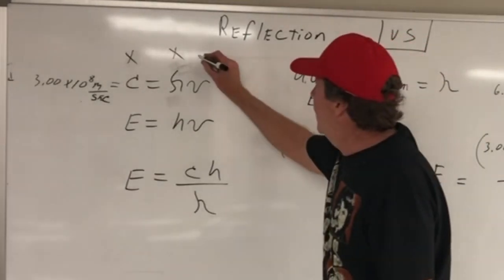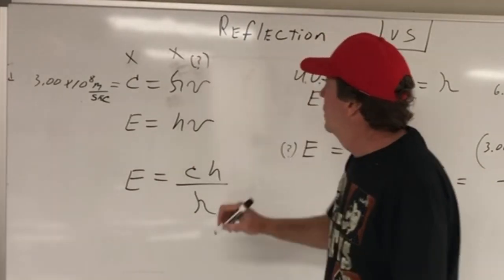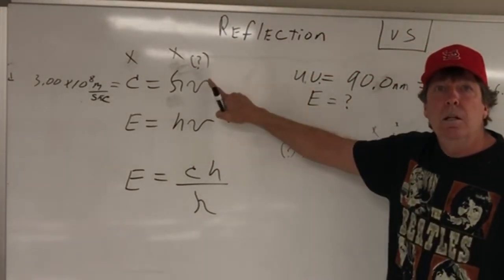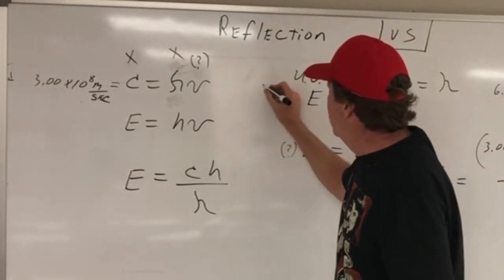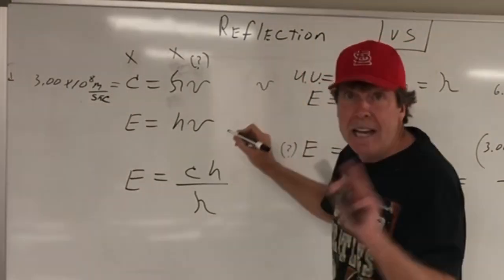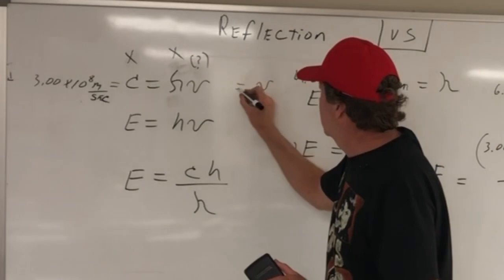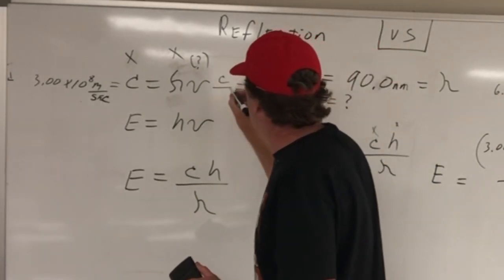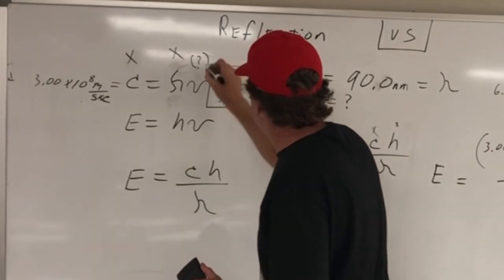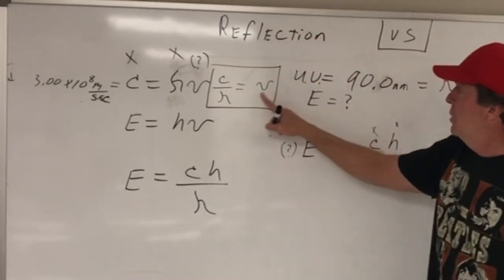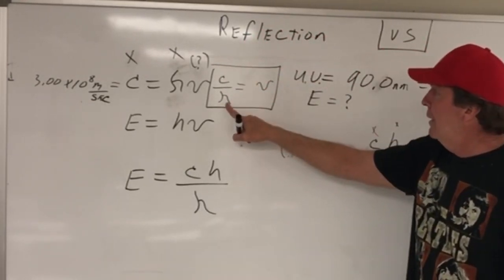And then notice I can solve for frequency. When you solve for frequency, the algebra would look like this. So now frequency equals speed of light divided by lambda.